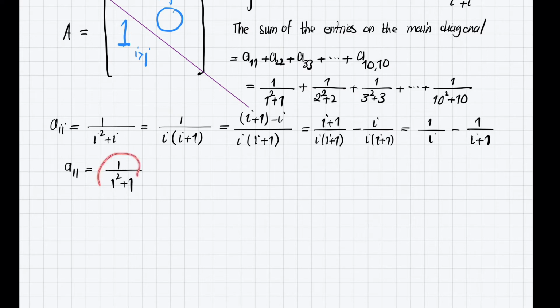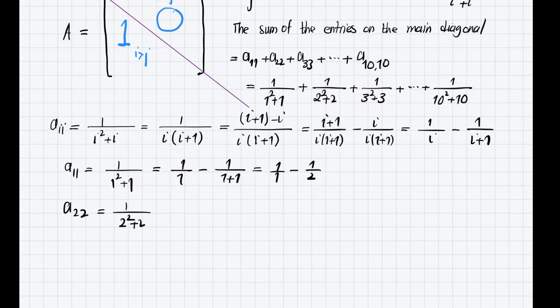But this is the same expression, the only difference being that instead of i I have 1. So I can plug 1 here instead of i. So this becomes 1 over 1 minus 1 over 1 plus 1, which is 1 over 1 minus 1 over 2. And the next one, a22, is 1 over 2 to the power 2 plus 2, which becomes 1 over 2 minus 1 over 2 plus 1.